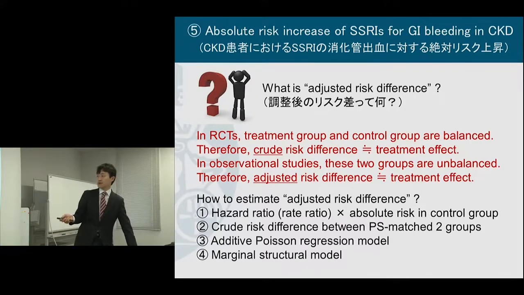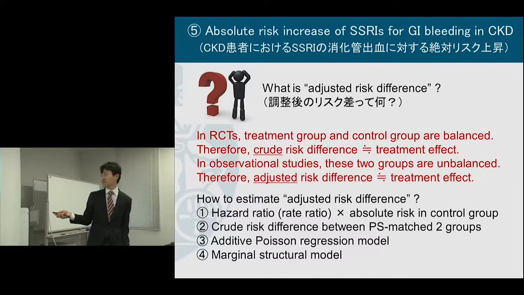And the second option may be the crude risk difference between propensity score matched two groups. Because propensity score matched groups are equally balanced, if you just take the difference, this is a kind of adjustment by propensity score.